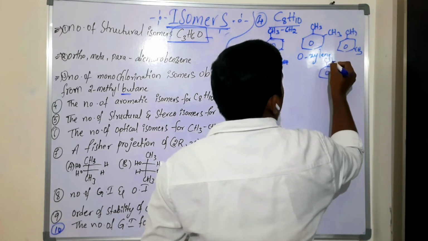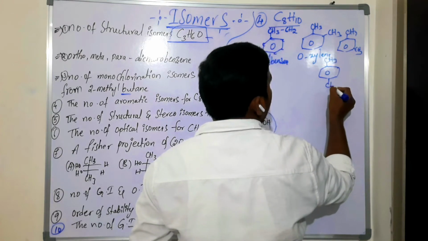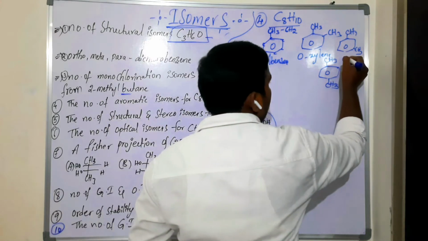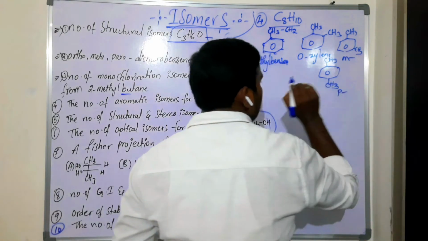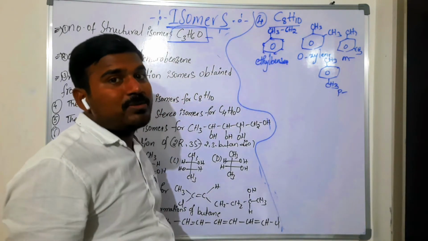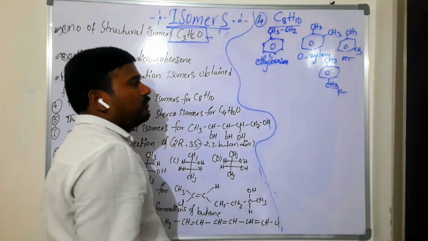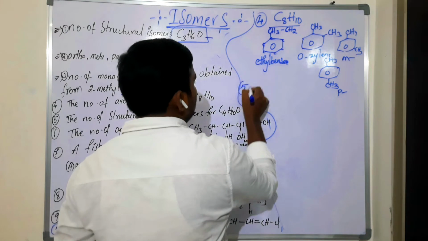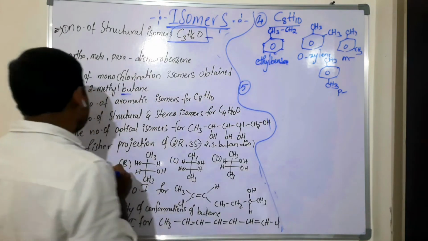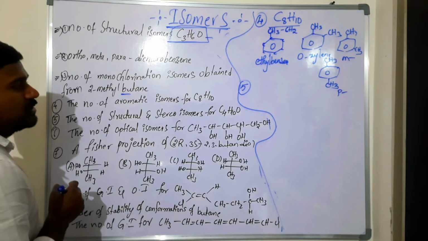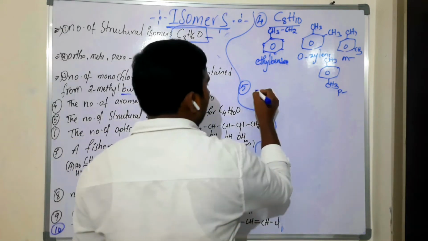These all will be aromatic isomers of C8H10. So it is metaxylene, and it is paraxylene. So total of how many isomers are possible for C8H10? Total of 4 isomers. Next, question number 5. See the question number 5: the number of structural and stereoisomers for C4H10O, which is very, very important.